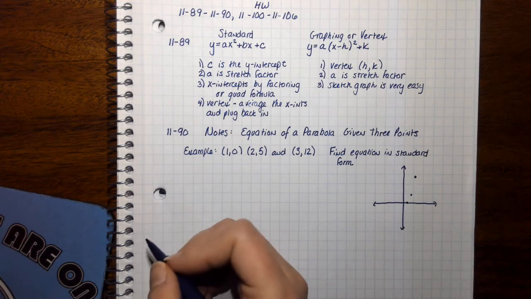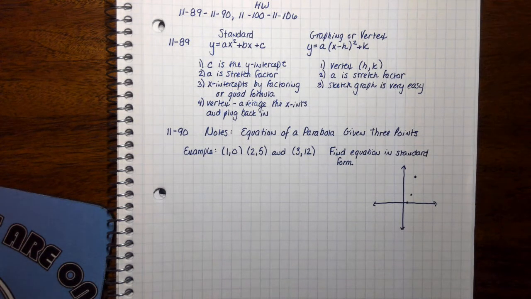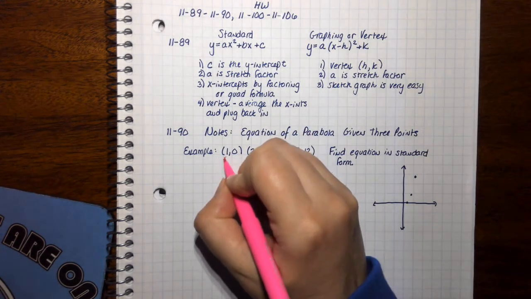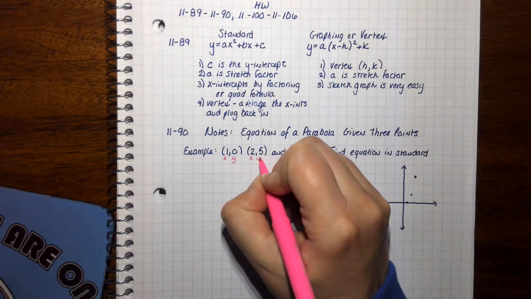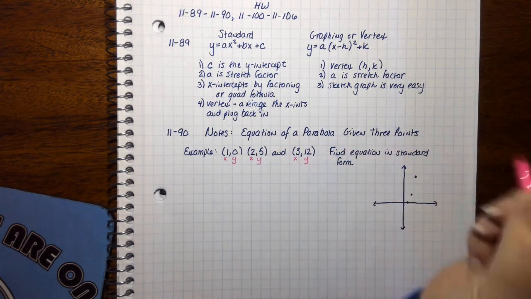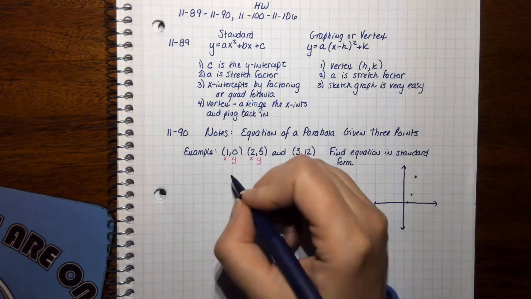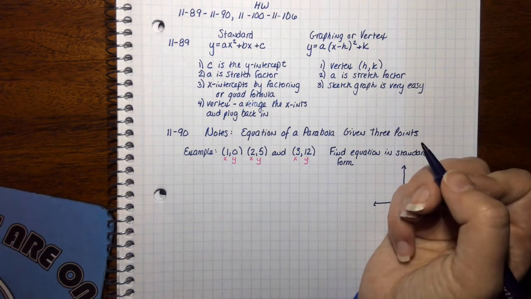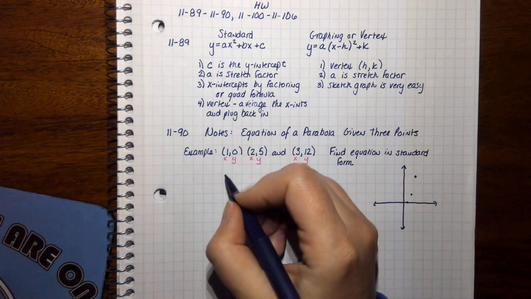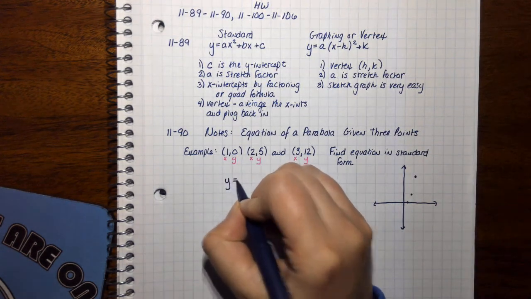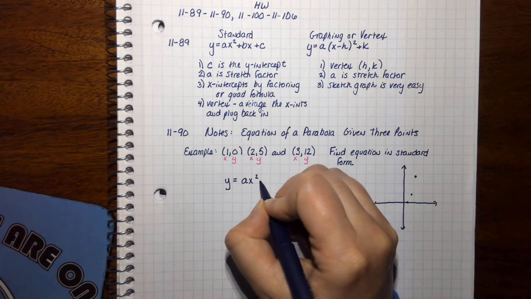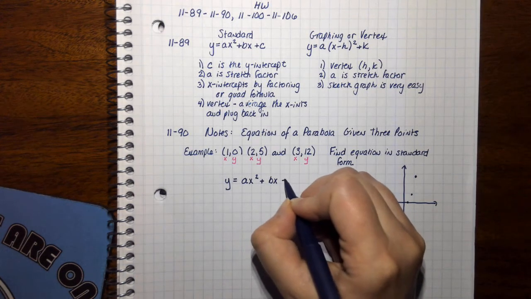Okay, so first thing I want you guys to do is label the coordinates x, y, x, y, x, y, just maybe for your first couple of times. And then what I want you to do is think about the standard form equation, so y equals ax squared plus bx plus c.